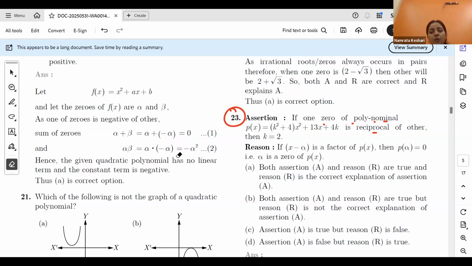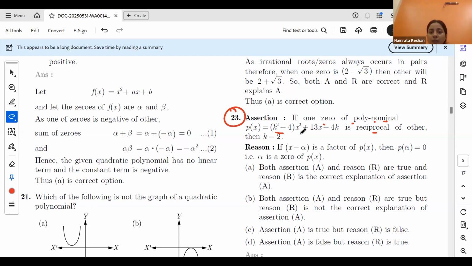Are you getting an idea what to do? Ma'am, first we have to find the zeros and we have to see if it is true or not. We don't have to. Okay, we just have to take the situation as it is.